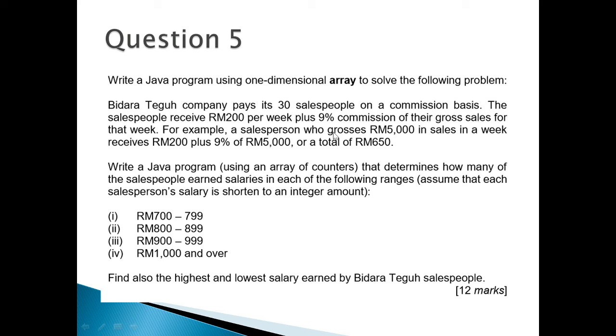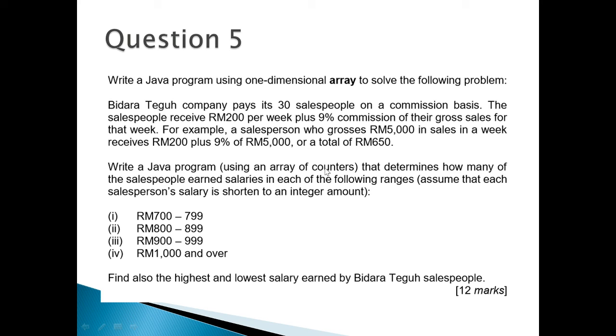So 200 plus 9 over 100 times the gross sales. For example, a salesperson who grosses 5,000 in sales in a week receives 200 plus 9 over 100 times 5,000, so a total of 650. Their salary is 650.